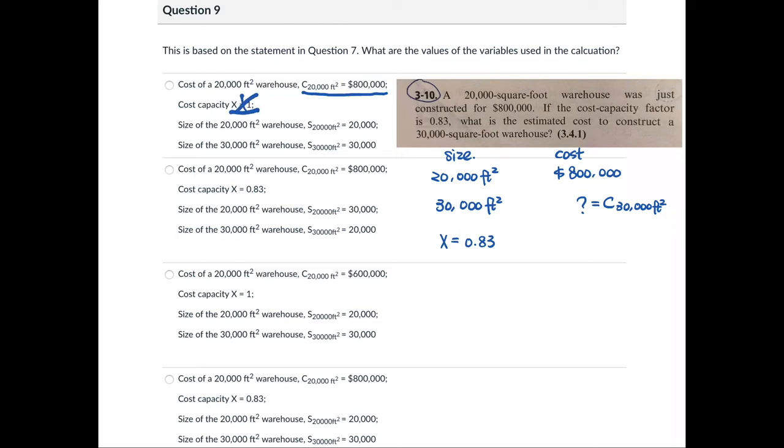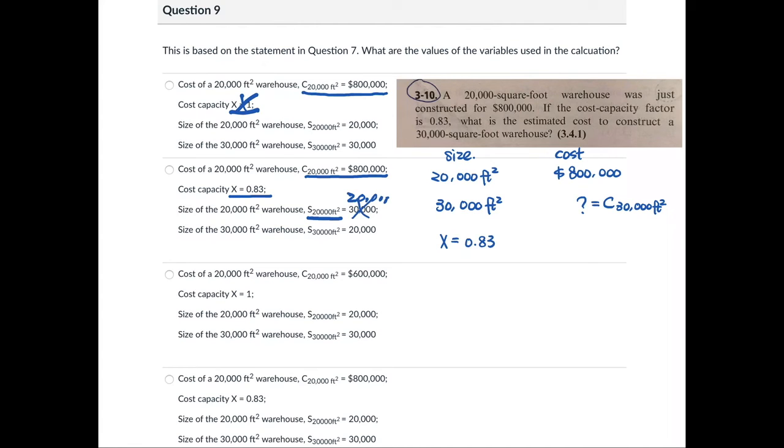Okay, so now let's look at the second option. Yes, you want to know this, and then you want to use X with X equals to this number. That's correct. Also, you want to use the size, but the size of the 20,000 square feet, it's not 30,000. It should be 20,000. Okay, so this is wrong too.